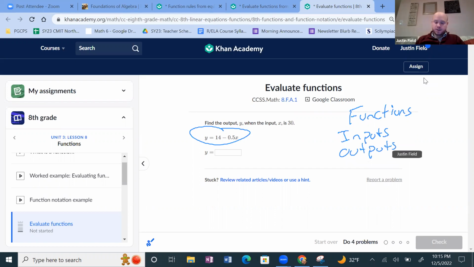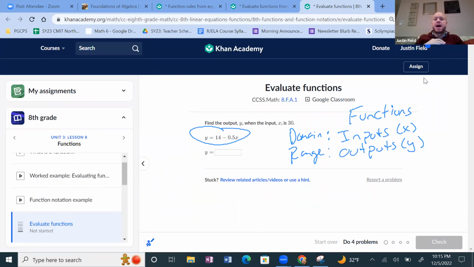The inputs are x. This is also the domain. There are related words here. The domain is the set of all inputs. The range is the set of all outputs. And you guessed it, the outputs are our y values.